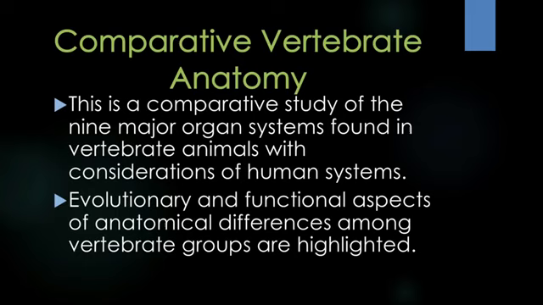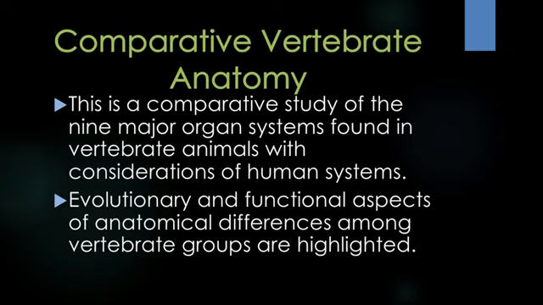What is comparative vertebrate anatomy? Comparative vertebrate anatomy is a comparative study of the 9 major organ systems found in vertebrate animals, with considerations of human systems. The systems could be 9 or 10 depending on how you look at the system. The systems are the integumentary system, muscular system, the skeletal system.